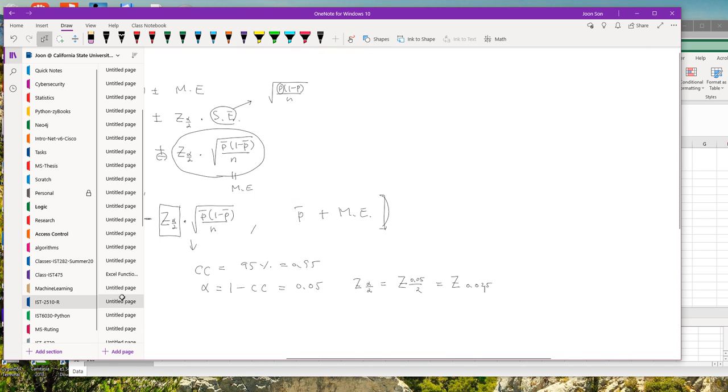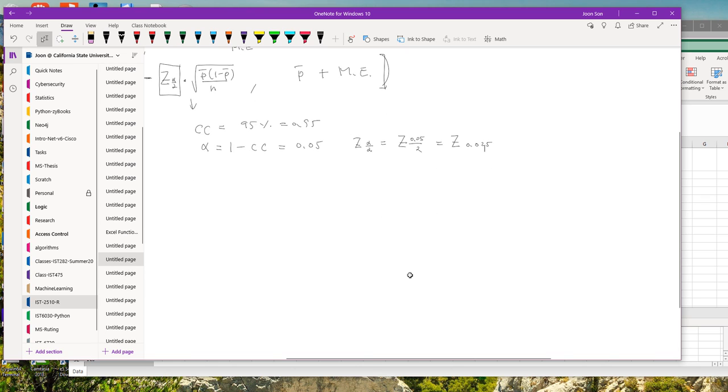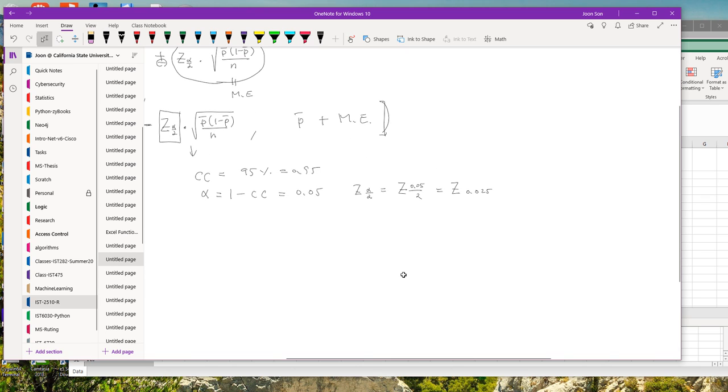So let's talk a little bit more about these norm functions. Remember in my previous lecture, let's say this is a z value, and this is 0. To find the z value, we use NORM.S.INV, where S is for the standard normal. So the z value is NORM.S.INV and then a cumulative probability.